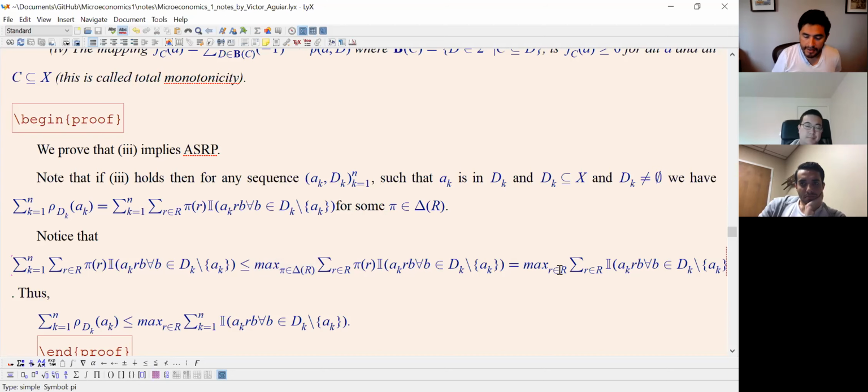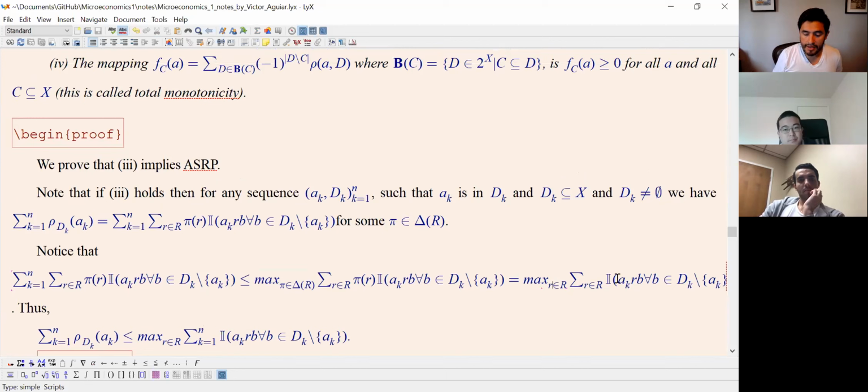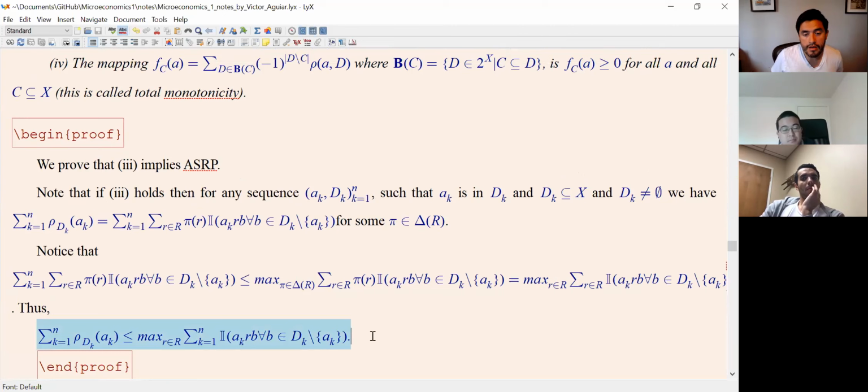So this will happen here at a particular ranking, okay? So now the maximum will happen here, and this will be the upper bound of this summation of probabilities. So that was easy, right? So it turns out that proving that random utility implies the axiom of stochastic revealed preference is very easy, okay?